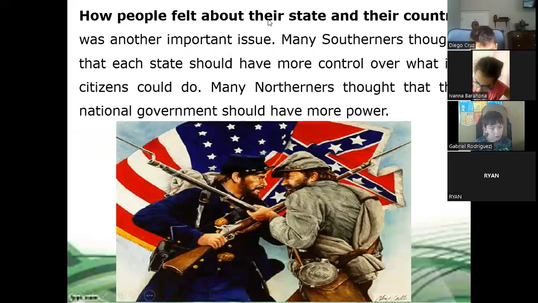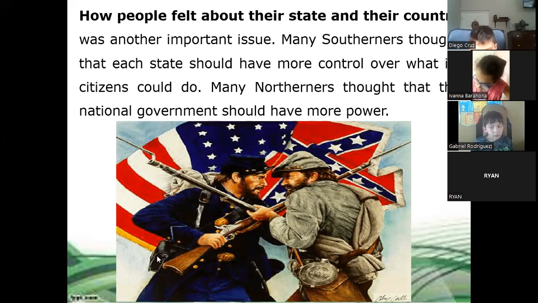How people felt about their state and their country was another important issue. Many Southerners thought that each state should have more control over what its citizens could do. Many Northerners thought that the national government should have more power.